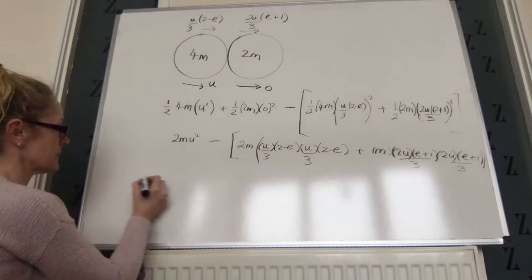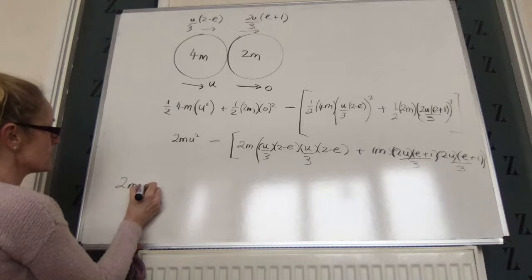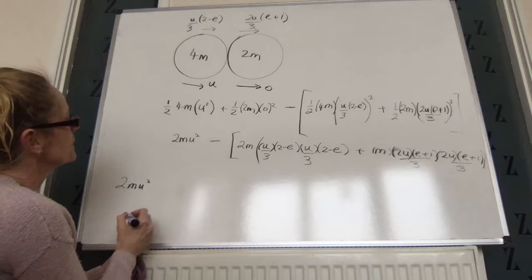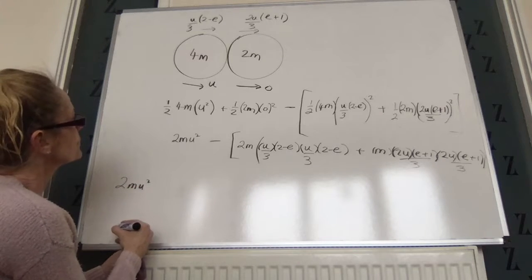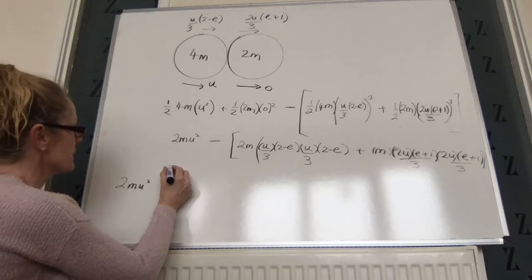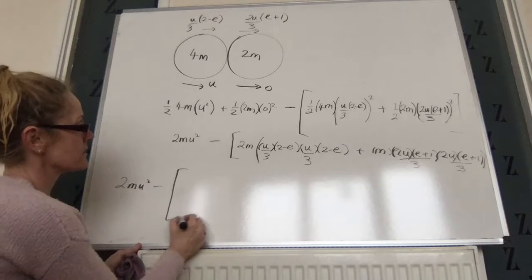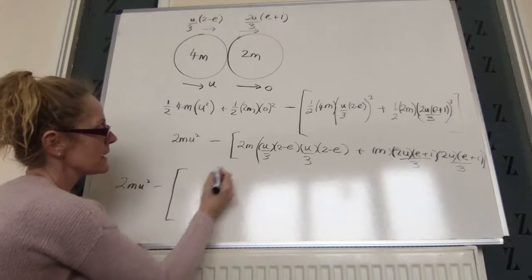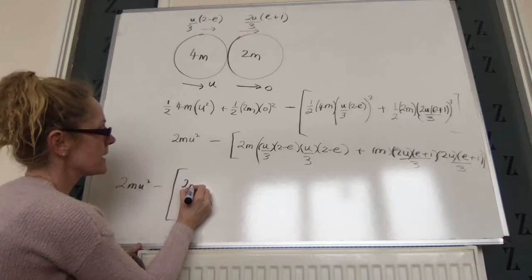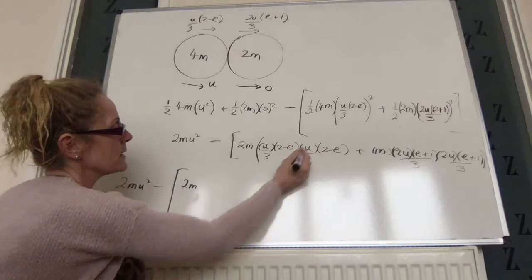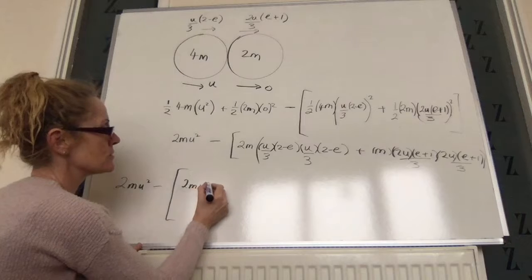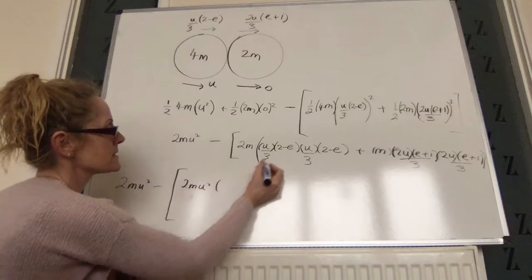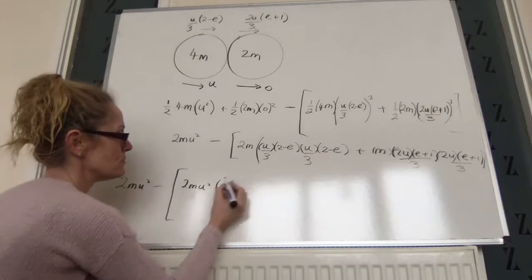2mu squared is the kinetic energy beforehand, and the kinetic energy afterwards we're going to subtract is this bit here. So we have 2m, and u by u is u squared, times 2 minus e by 2 minus e.